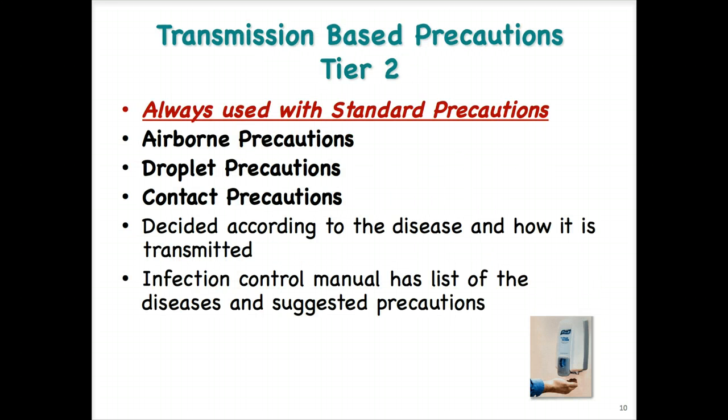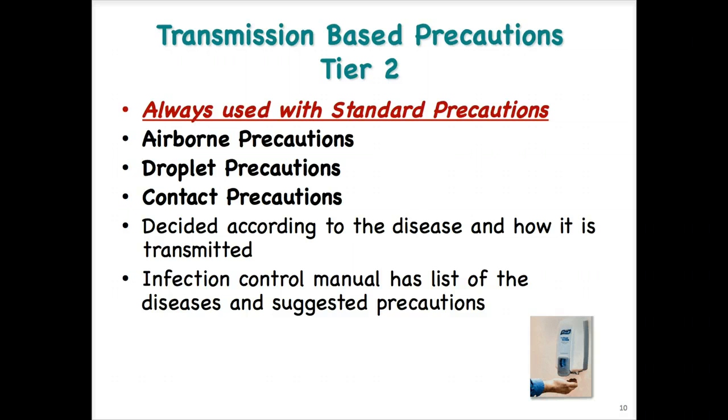Transmission tier 2: you always use your standard precautions with all patients at all times. But you may need to add additional precautions to your standard precautions based on the needs of your patient.